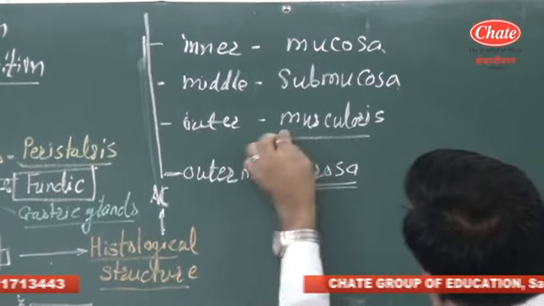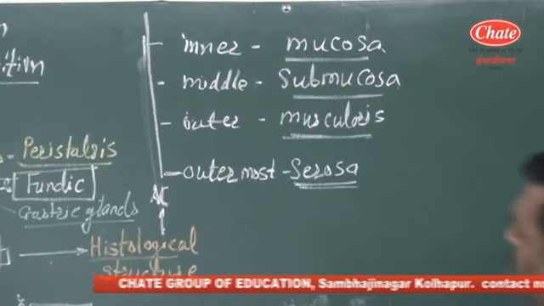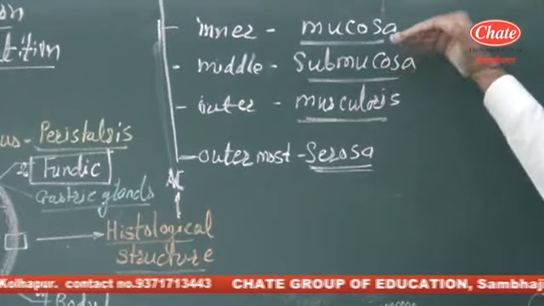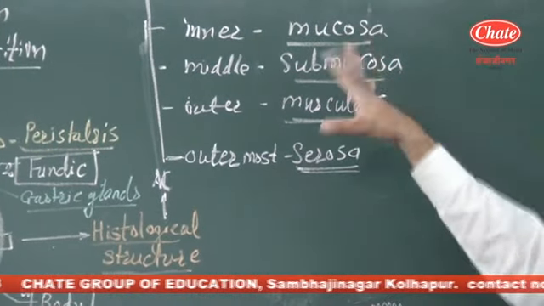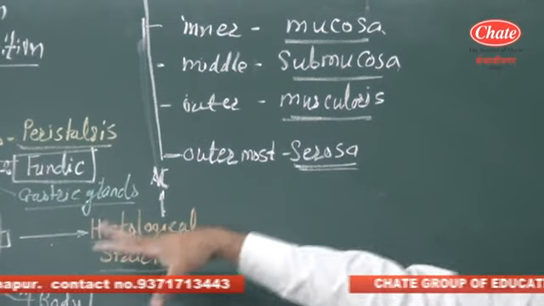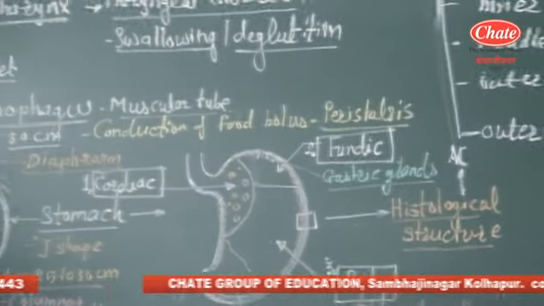So the wall of the alimentary canal is made up of these four layers: serosa, muscularis, submucosa and mucosa. But the size of the layers and the components vary as per the organs present in the alimentary canal.